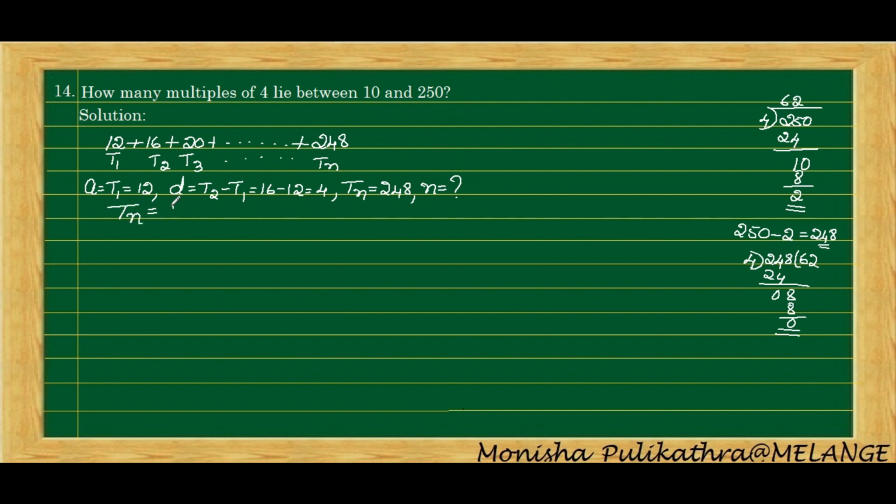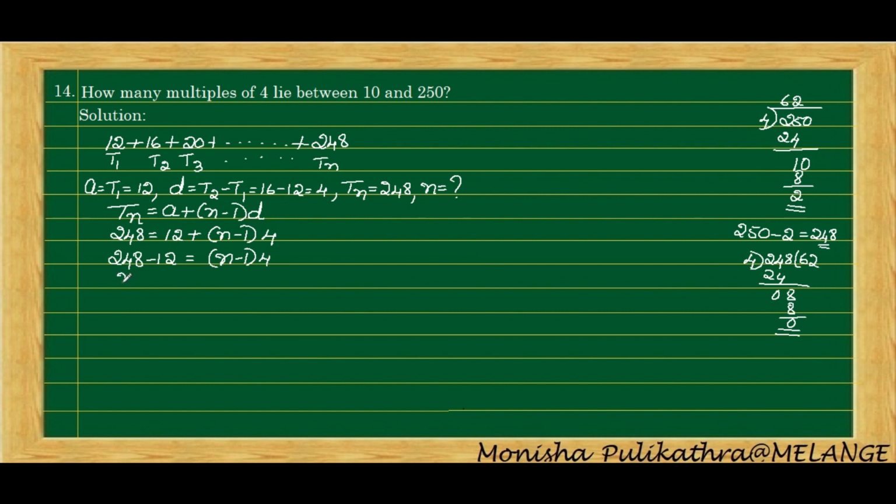Apply the Tn formula. Tn is equal to A plus n minus 1 into D. Here Tn is 248, A is 12, n we need to find out, and D is 4. First I will shift 12 to the left hand side. So 248 minus 12 is equal to n minus 1 into 4.